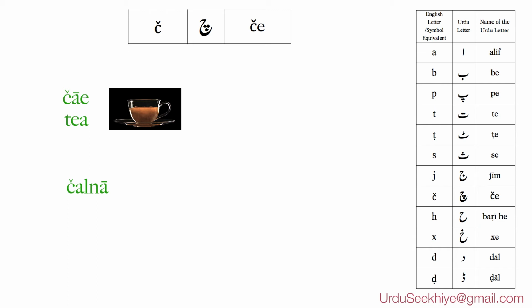Chalna means to walk. And finally, we have cheese. Not exactly like the cheese you might put on nachos, but I would understand you if you were to say cheese. It's a little stretched out, so it's cheese. And cheese in Urdu means thing.